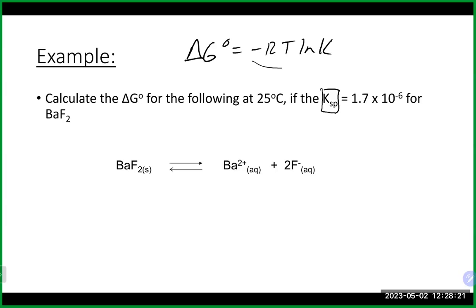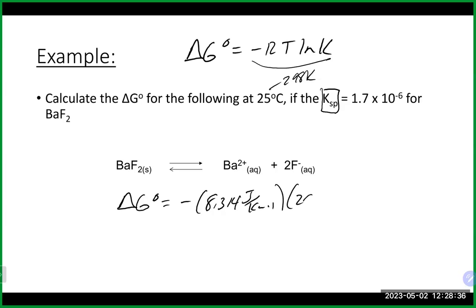In this case, we actually got everything on this side given to us. Obviously, we've done that before, 298. So putting those in here, our delta G naught will equal minus our R, our T that's been converted to Kelvin, and our natural log of the actual K value that was given to us.